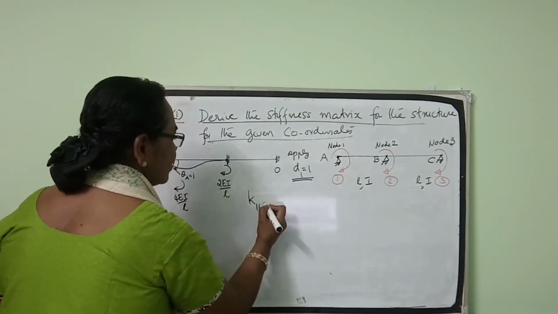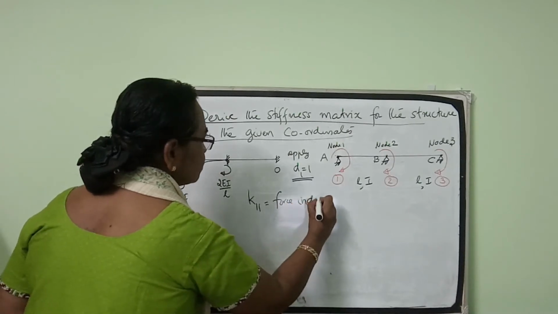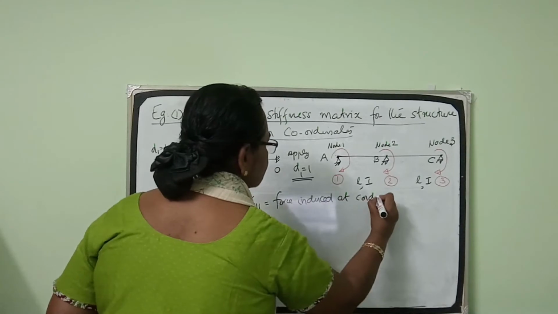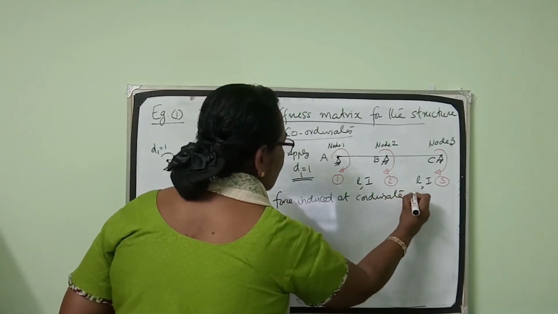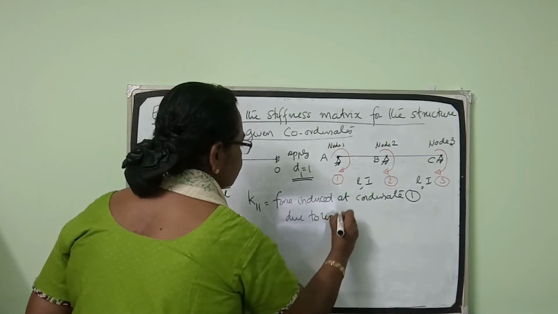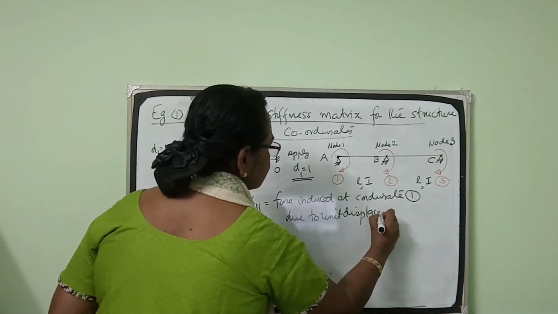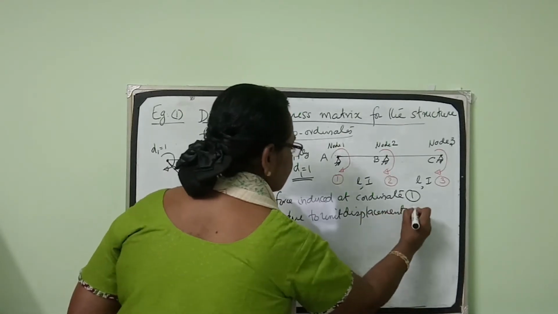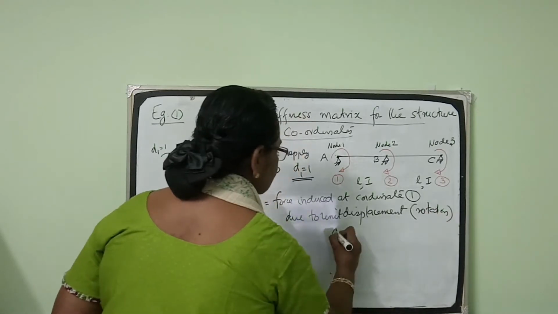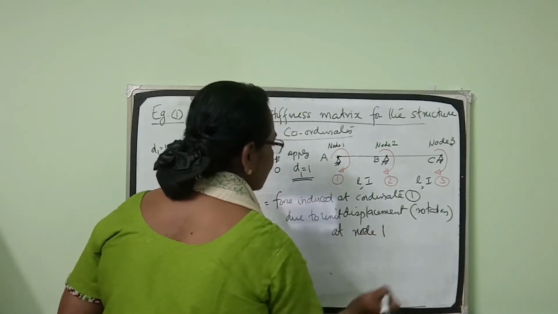K11 is force induced at coordinate 1 due to unit displacement. Displacement is a general term, here it is unit rotation at coordinate direction 1.